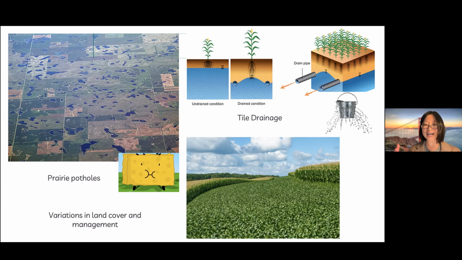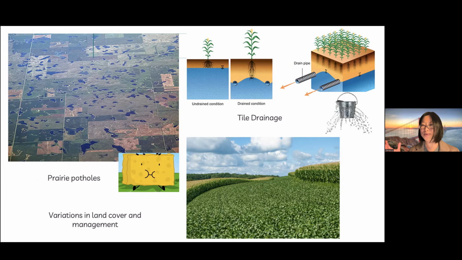And the third thing I want to mention is about the variation in land cover and management. Although I have talked about the small research area, it is small for me. As a modeler, I usually do national and regional simulations.